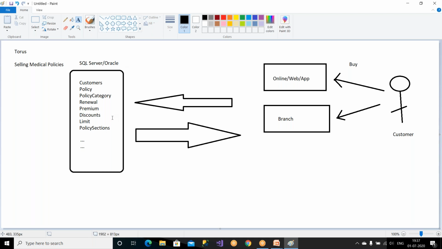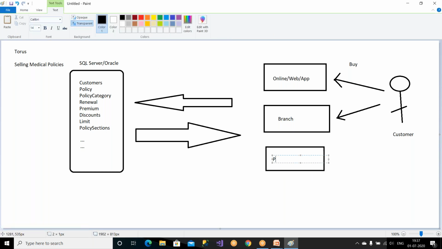That's what you need to understand: how the customers are going to be buying the policies, through online, through web, through application, through branch, or the customer may buy the medical policies over phone. You will get a lot of phone calls, and there is a representative from the company answering them. If you're interested, they will take the payment, and you can make the payment to them.